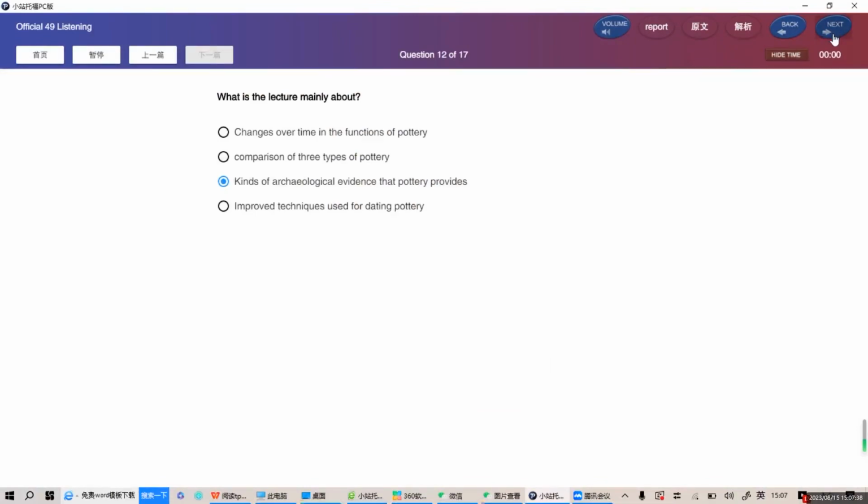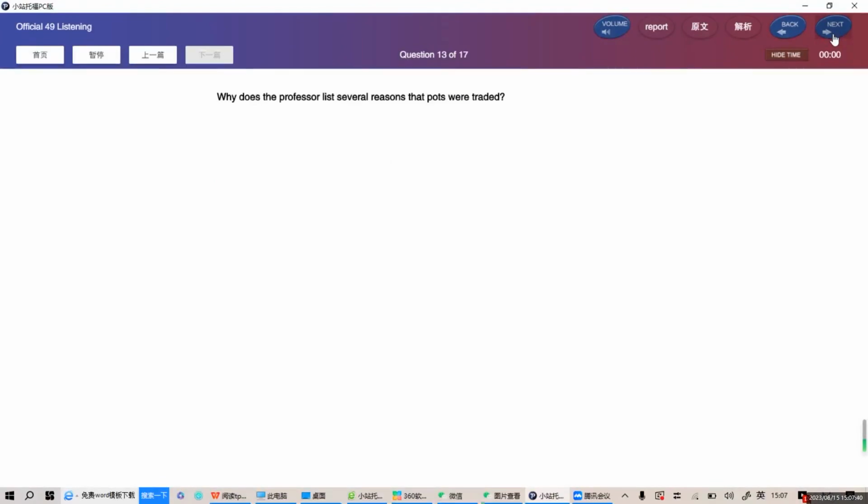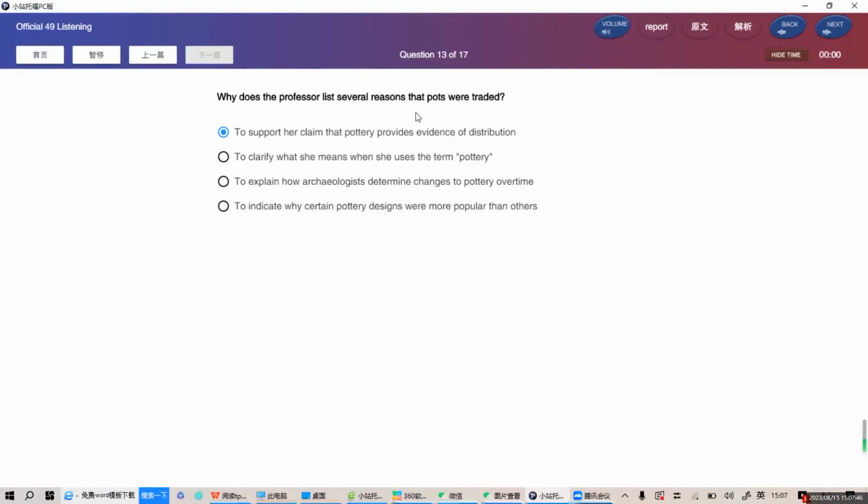Now let's move to question 2. Why does the professor list several reasons that pots were traded? Question 2 is about the reason that pots were traded. We also need to be conscious when the lecture, the listening materials talks about the reasons, especially when students ask or the professor asks the class.